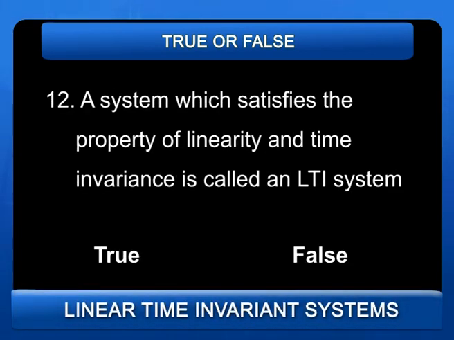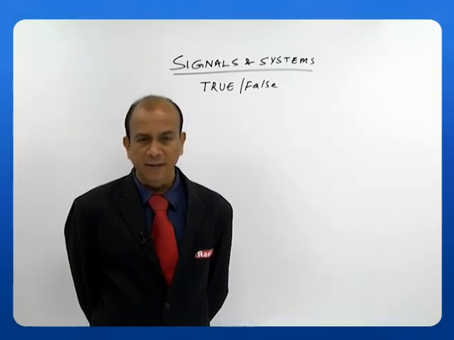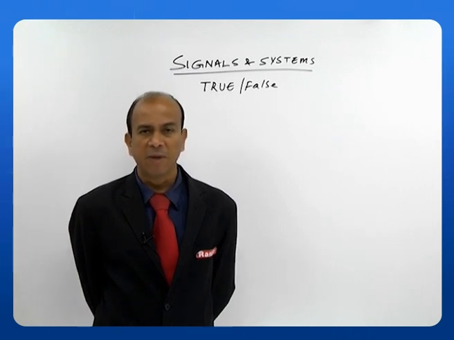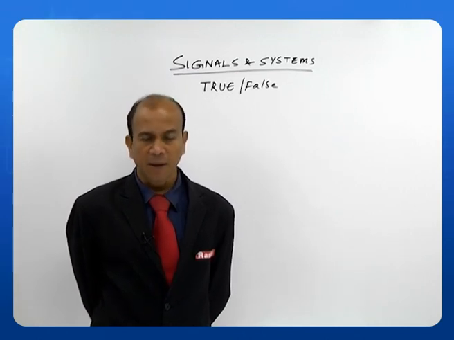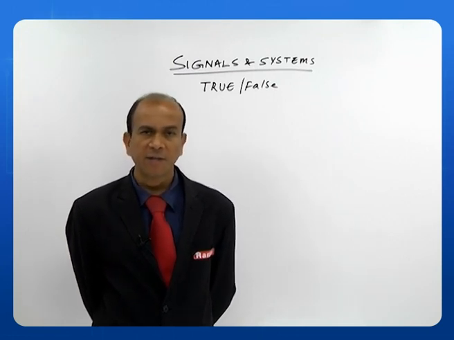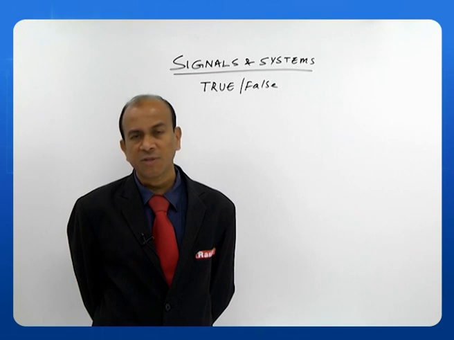12th question. A system which satisfies the property of linearity and time invariance is called an LTI system. Linear time invariant. That is in fact true, isn't it? So LTI itself indicates linear plus time invariant.